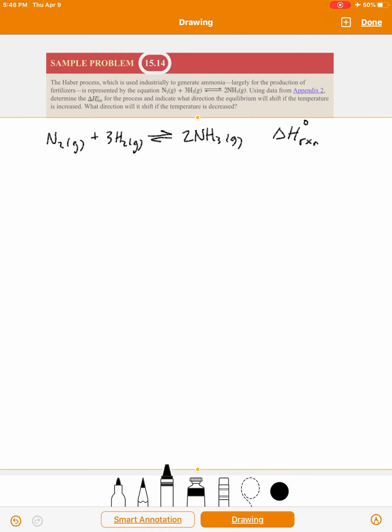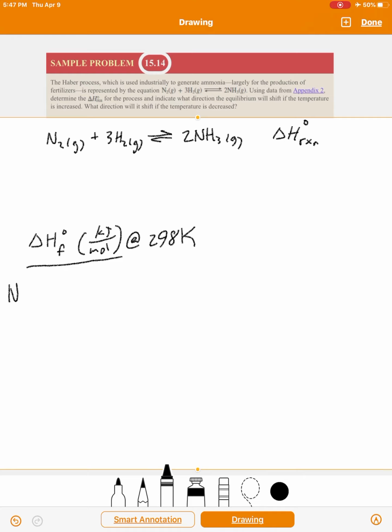And the way we do that is we look up their standard heat of formations. And the units of that are kilojoules per mole typically. And they're often at 298 Kelvin, at least in general chemistry textbooks they are.